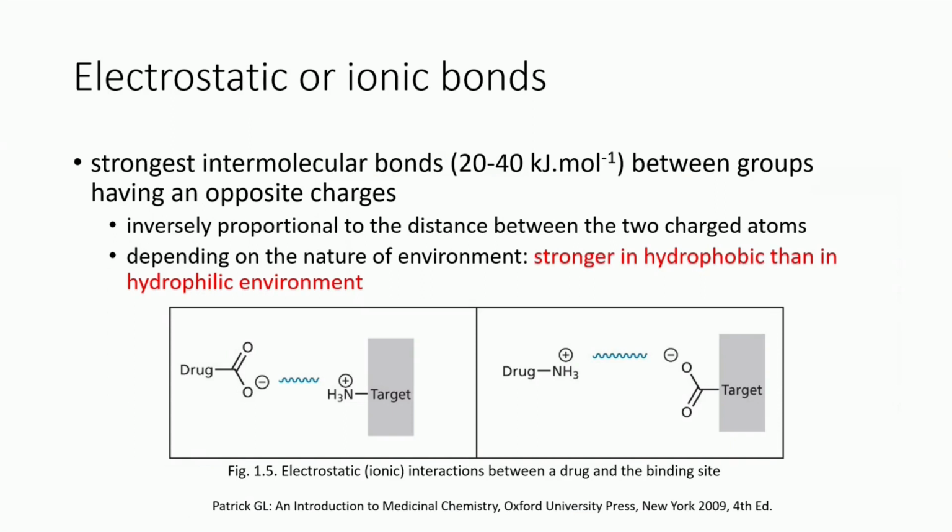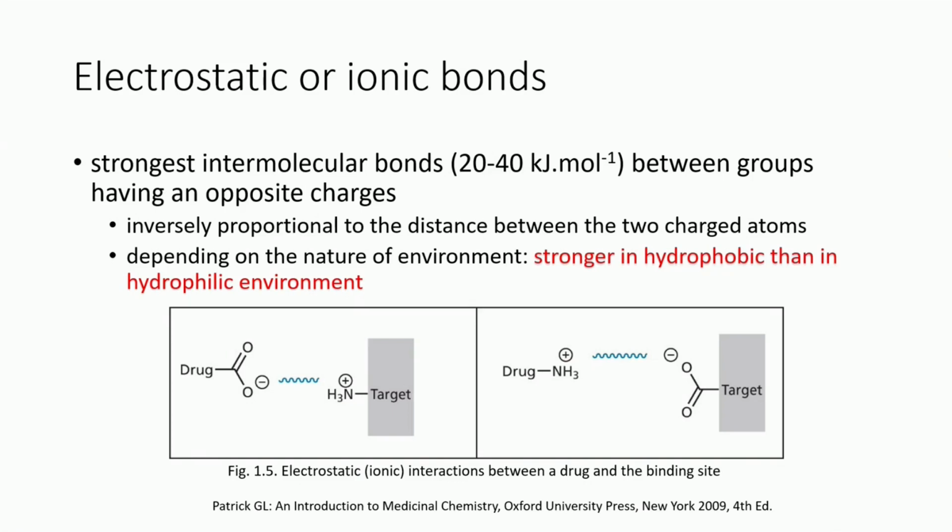So now I would like to turn your attention to the most often non-covalent interactions. So let's talk about the electrostatic bonding, which is typically the ionic bond. It is the strongest non-covalent intermolecular bond, and you can see and compare the strength of the interaction with the covalent bond, which is tenfold less than the covalent binding.